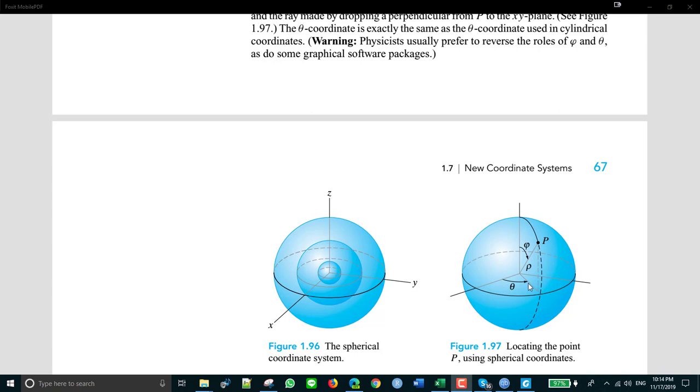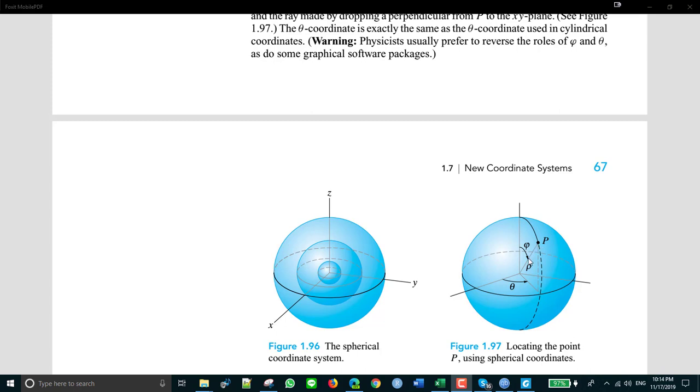We have r, but it's a different r, or it's not even r, it's rho, the distance from the point to the origin. That's not what r was before. If we had this point, what would r be? It wasn't the distance from here to here.